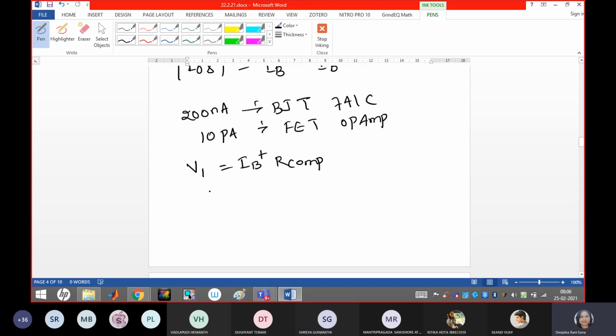What can be the IB plus from the previous equation? V1 by R comp, right? And I1 is V1 by R1.